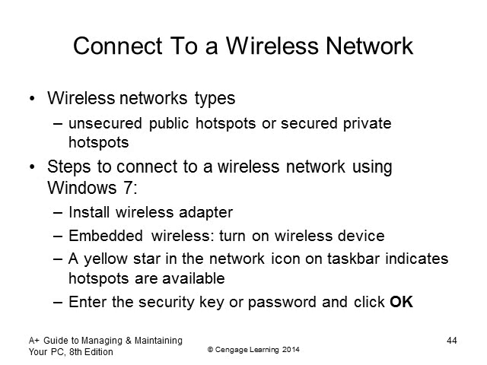Wireless. Your wireless could be an unsecured public hotspot, McDonald's, whatever, or it could be a secured private hotspot, like the network at your house. Here are the steps to connecting to a wireless network in Windows 7. You need to have a wireless adapter, and you need to make sure the wireless adapter is turned on.